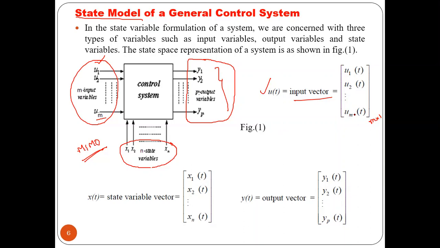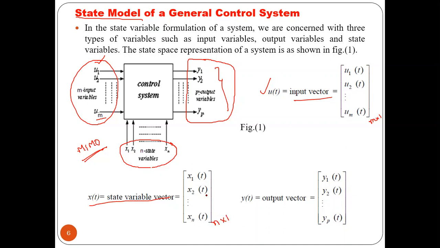Next, the state matrix. We represent the state matrix with the state variables. Here n number of state variables are there. Again, you represent it as a column matrix, so the dimension of this matrix is n by 1.